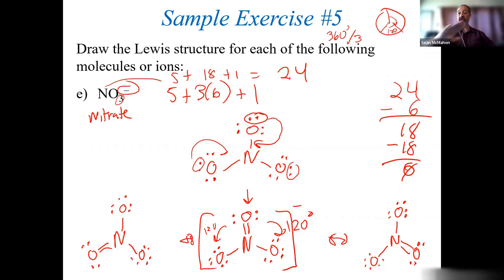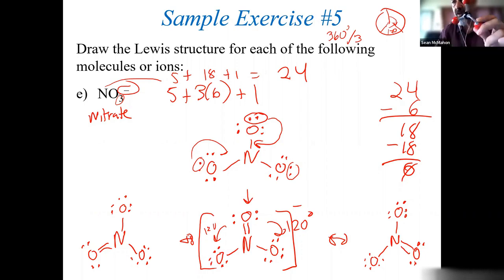So with a 2D flat plane, we have what are called 3 resonance structures, and they're equivalent resonance structures, unlike what we had with the carbon disulfide, where one had 2 double bonds and the other had a triple and a single. These are all equivalent. There's 2 single, 1 double in each of them.